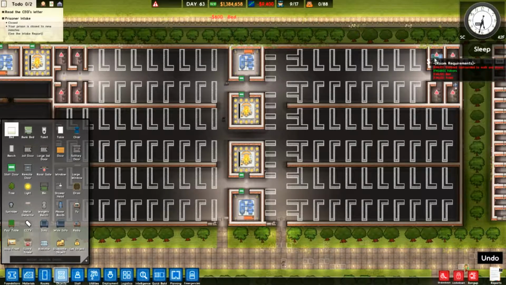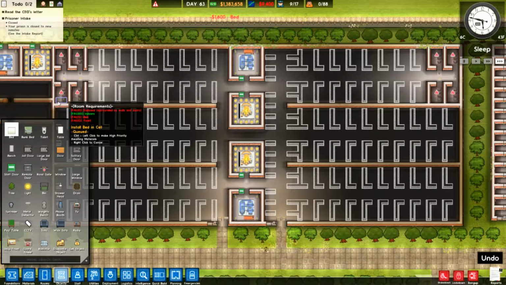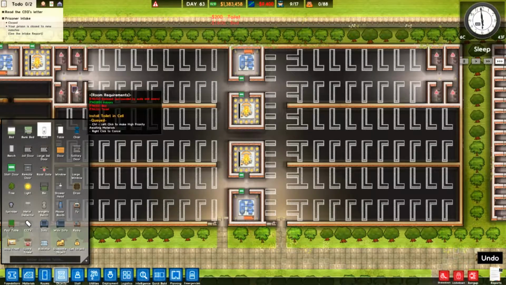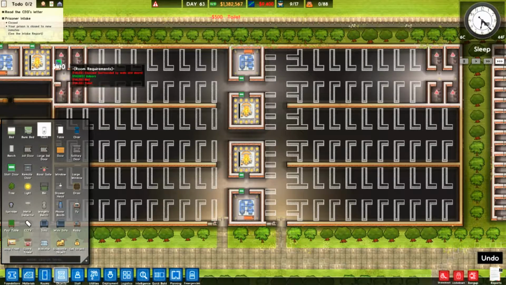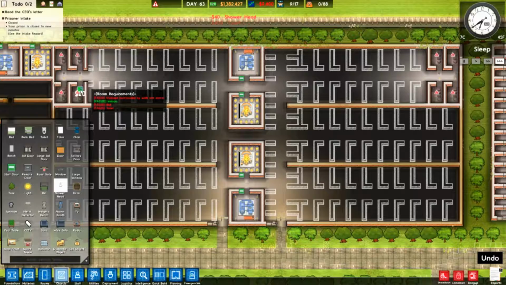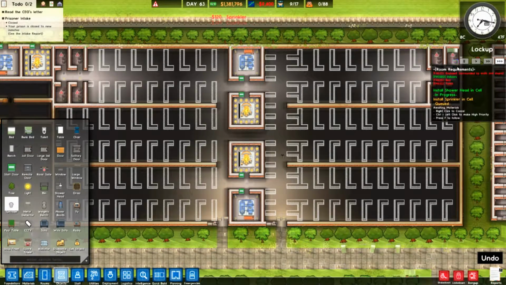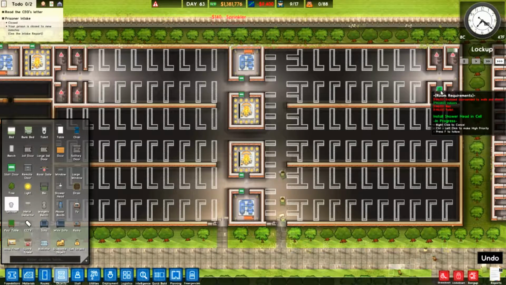Each of these cells is going to get a bed, of course, a toilet, and a shower, and of course a sprinkler.